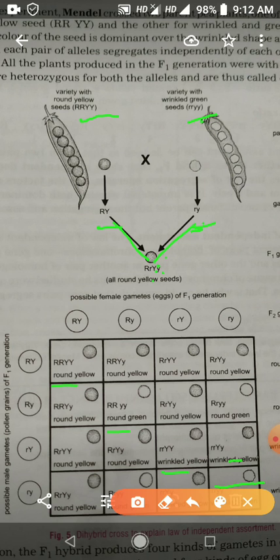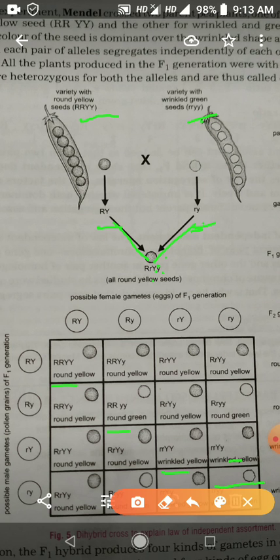Plants with round yellow seeds have genotype capital Y, capital Y, capital R, capital R. Like this, the plants with wrinkled green seeds have genotype small r, small r, small y, small y.